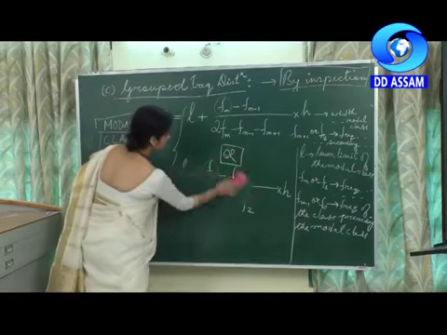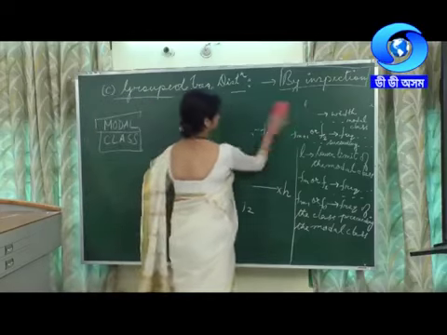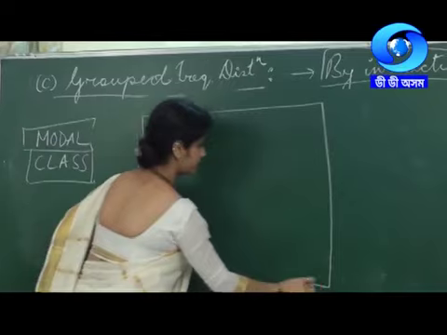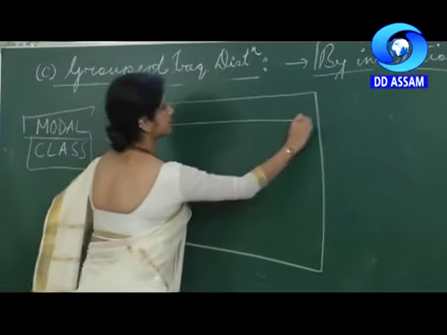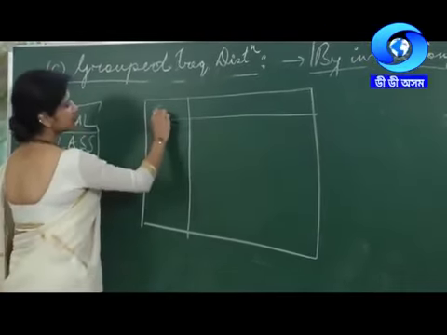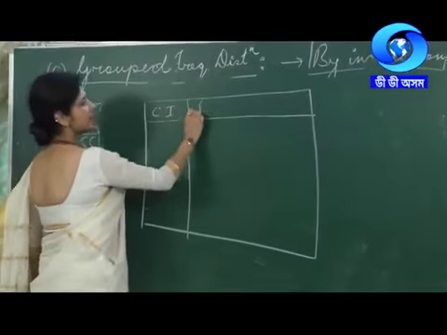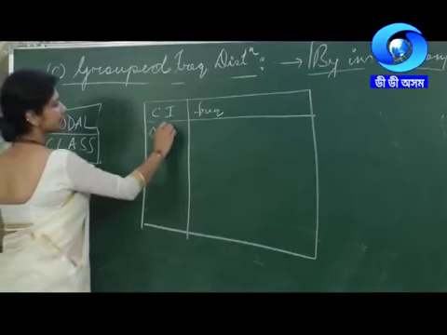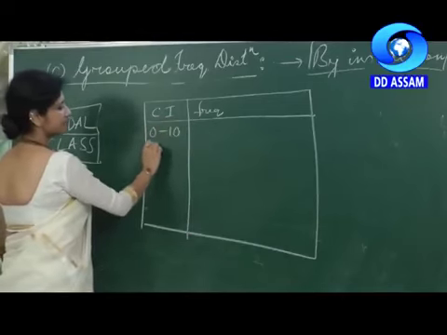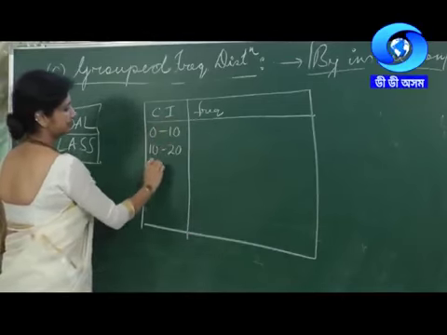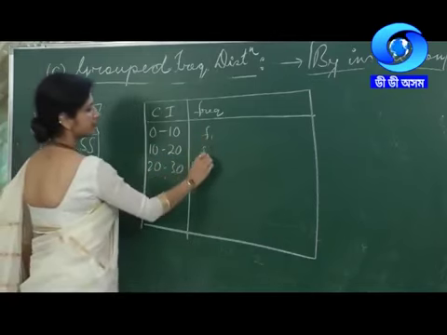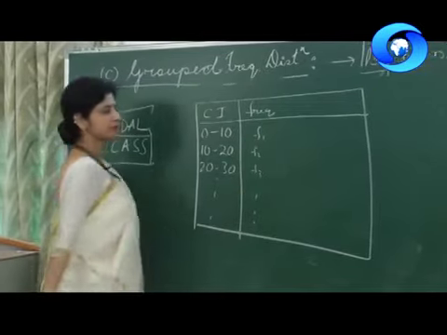So if we have a grouped frequency distribution given to us, where class intervals and frequencies are given, supposing these are the different frequencies given.